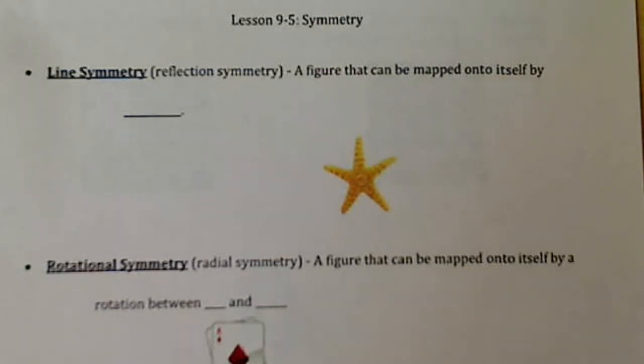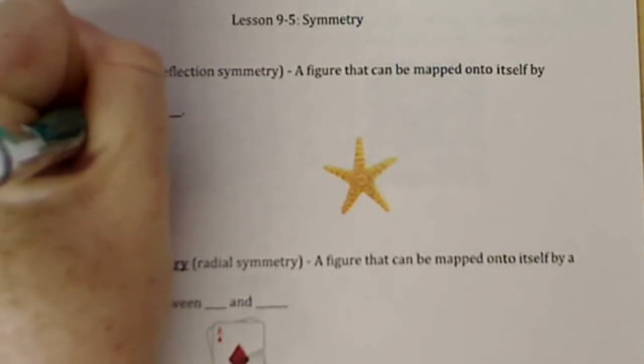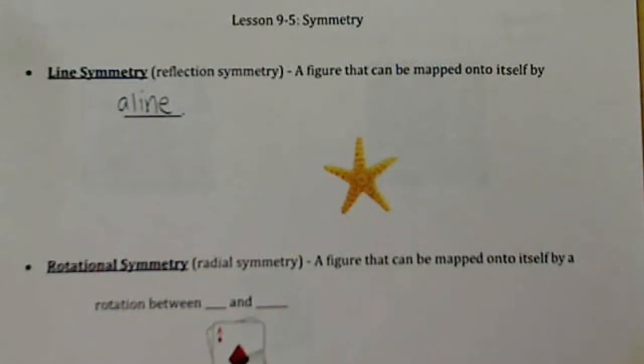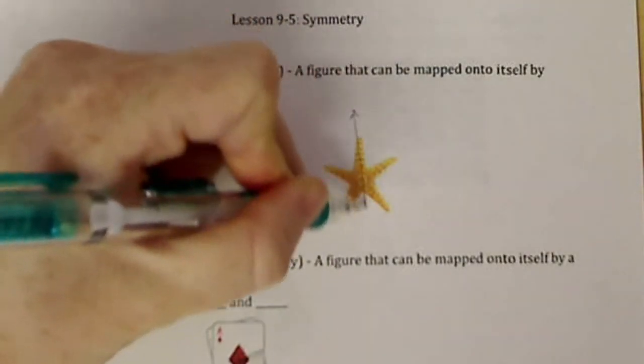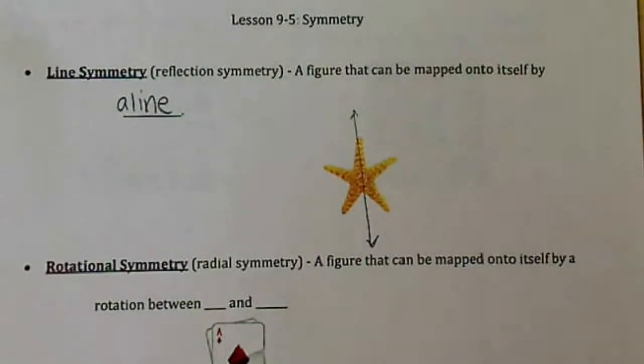The first type is line symmetry. This is the most familiar type, and what this type of symmetry is, a figure can be mapped onto itself by a line. Take our little starfish friend over here. If we were to draw a line down the middle of this starfish, you could see the left and the right sides are the same.